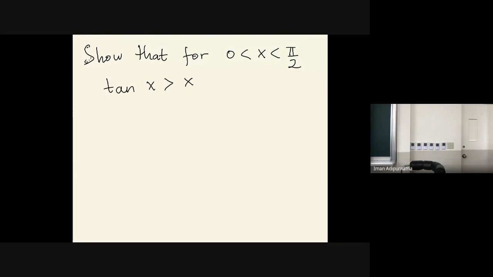I already showed the inequality in the first case, so you can use it.